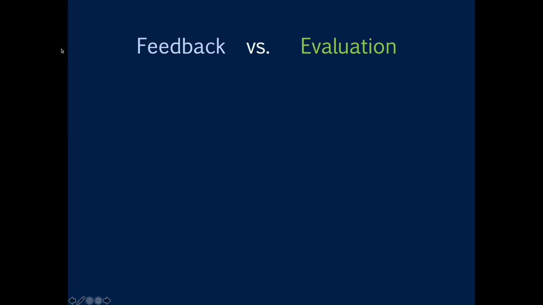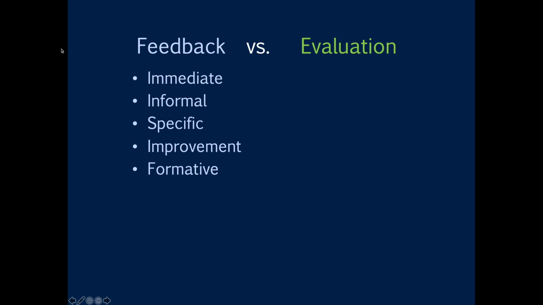So it's important to distinguish the difference between feedback and evaluation. I think sometimes we conflate the two and we don't take some time to sit down and recognize what is the difference between feedback and evaluation, but there are some real distinguishing features of the two. So feedback is usually immediate. It happens right after you see a learner engage in some kind of behavior.